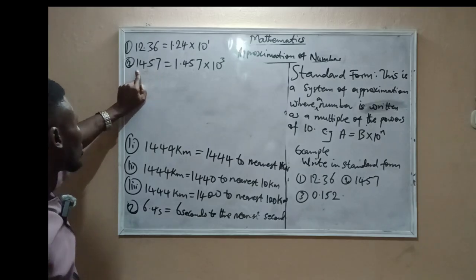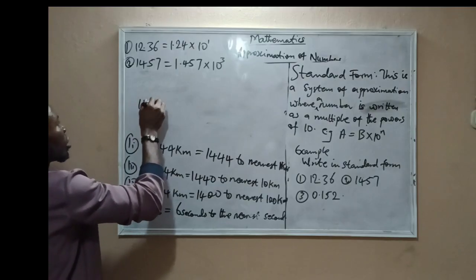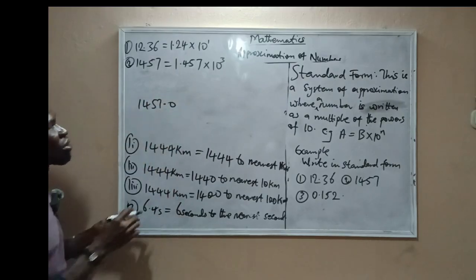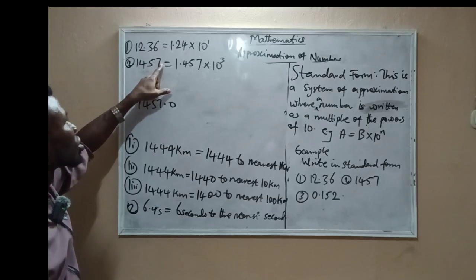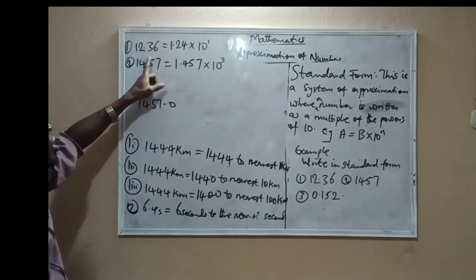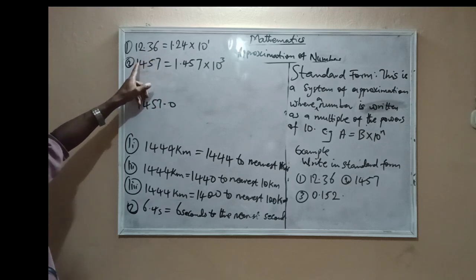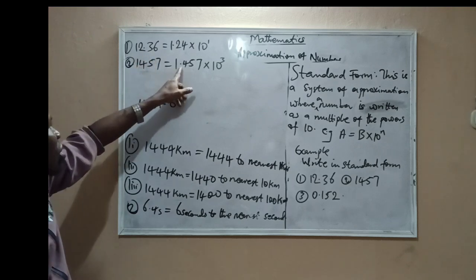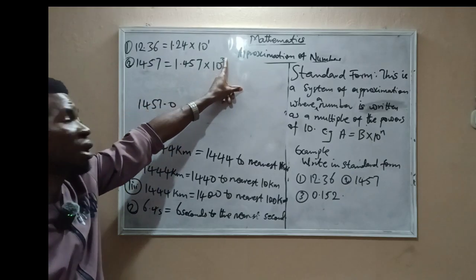The only place we assume is the dot is 1457.0. So the dot is at the extreme end here, and the dot moves how many places before it arrives here? It moves 1, 2, 3. So that's why we wrote it as 1.457 times 10 raised to the power 3.